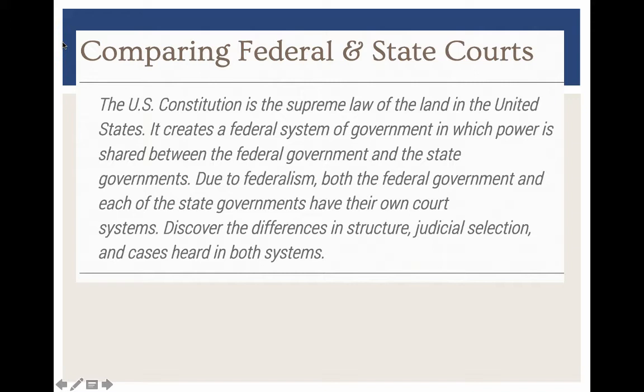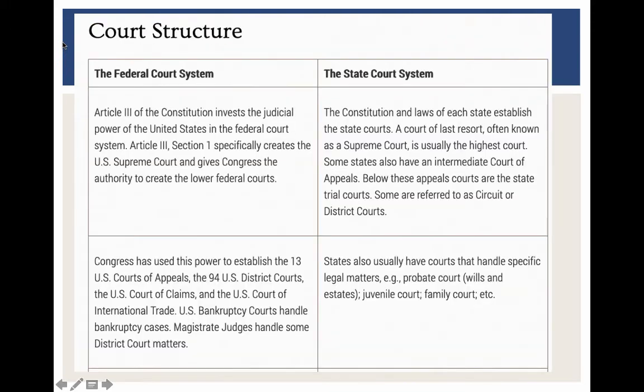Discover the differences in structure, judicial selection, and cases heard in both systems. Depending on what state you're in, you're always going to have your state Supreme Court hear something before it goes to the federal United States Supreme Court.